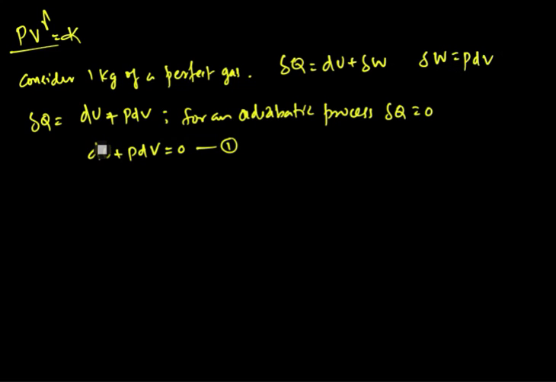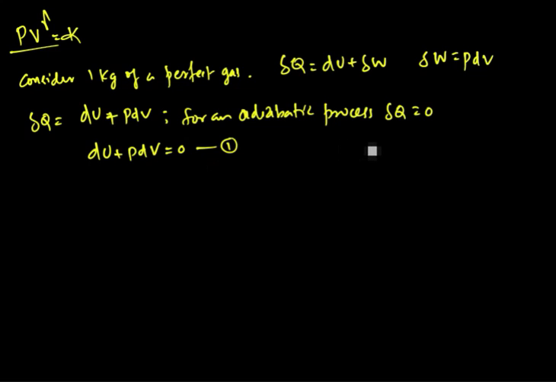Now let the gas expand, performing an external work P dV at the expense of its own internal energy. If it uses its internal energy to expand, then its temperature will fall, and let dT be the change in the temperature.